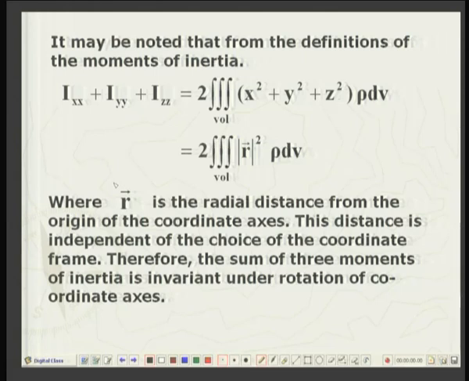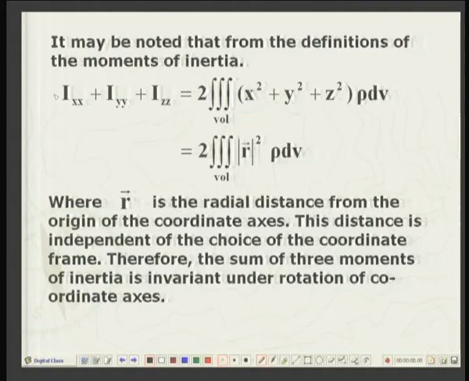Now, this quantity is a magnitude of a vector quantity. For every particle of the body, it is independent whether I take the x, y, z like this or this or this, if the origin is not changed. So, for the same origin, the absolute value of r vector is independent of the choice of coordinate system.